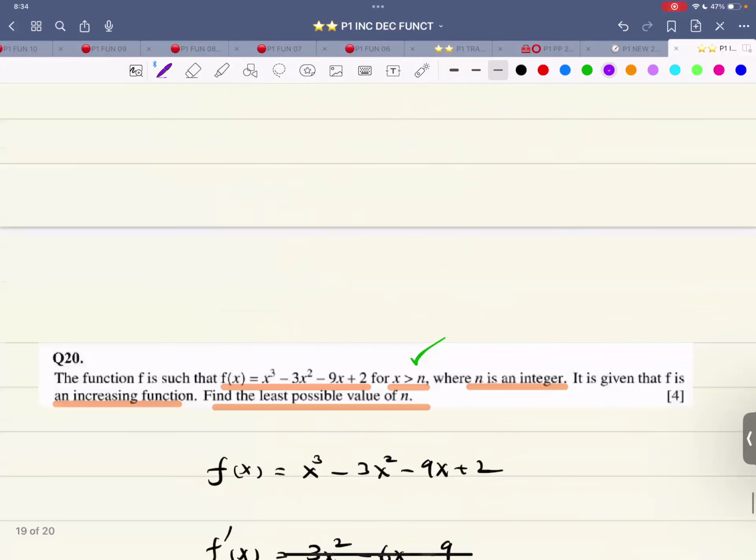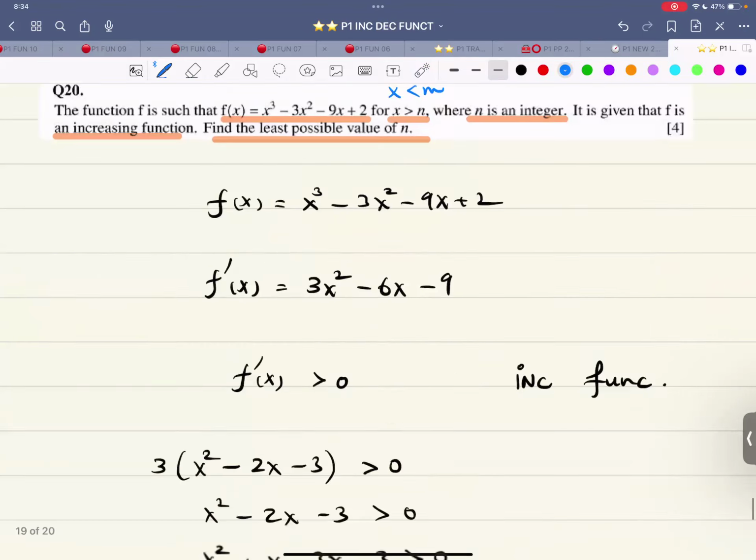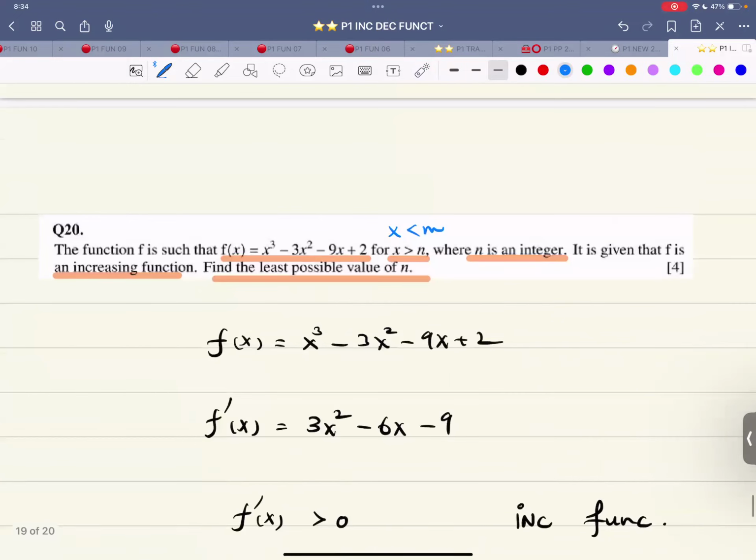Now, if the question would have asked this, let's say for x less than m, I would compare it with this, x less than m, and they would ask us to find the greatest possible value of m.